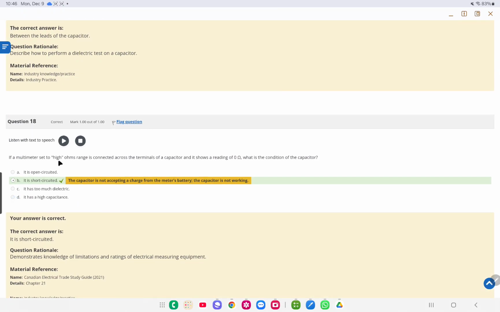If a multimeter set to the high ohms range is connected across the terminals of the capacitor and shows a reading of 0, what is the condition of the capacitor? It is shorted; it's short circuited. The capacitor is not accepting a charge from the meter's battery, so the capacitor is not working.